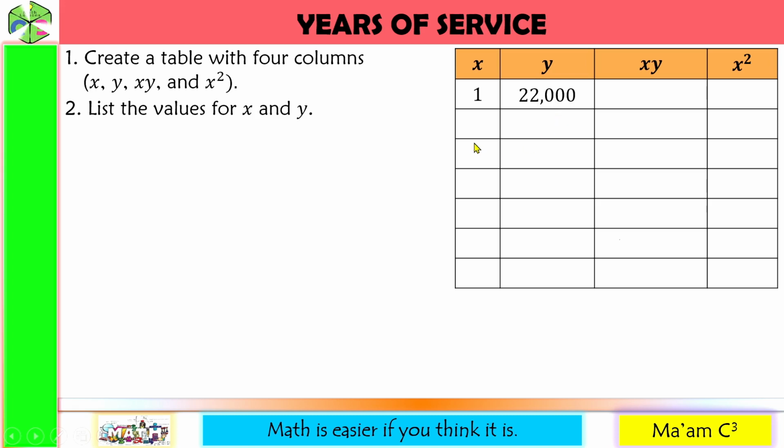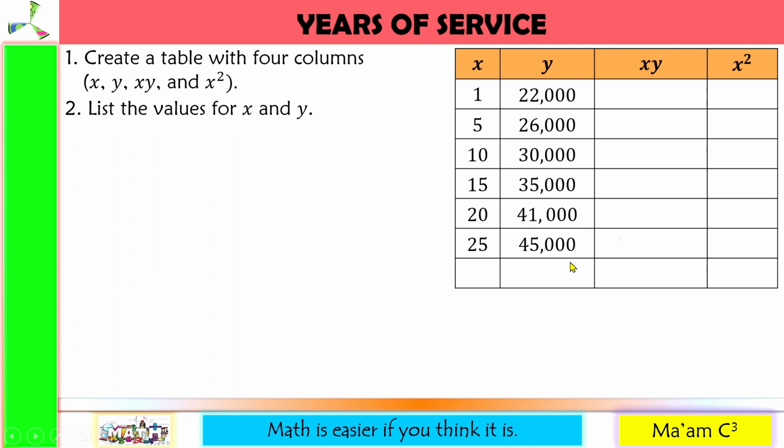On the 5th year, the salary is 26,000. On the 10th year, we have 30,000. On the 15th year, we have 35,000. On the 20th year, we have 41,000. And on the 25th year, we have 45,000.